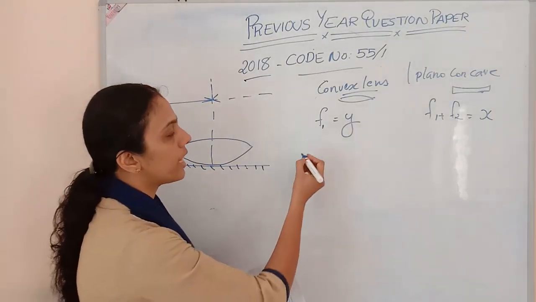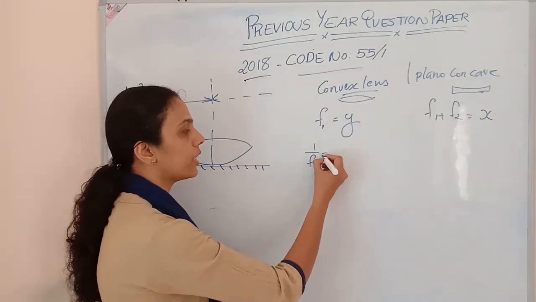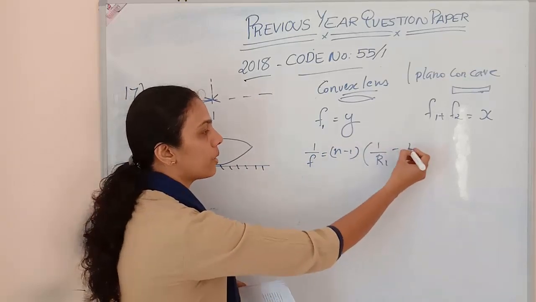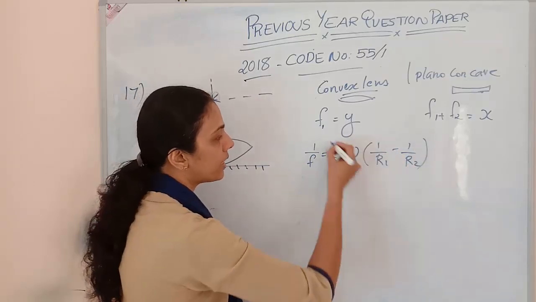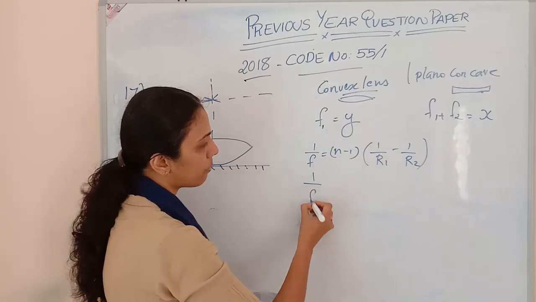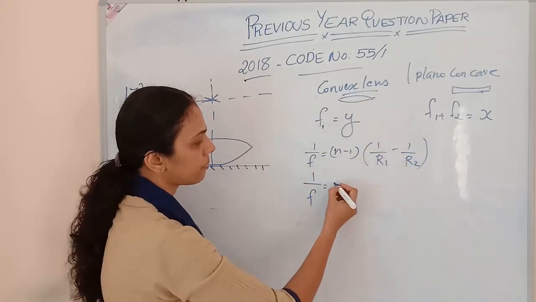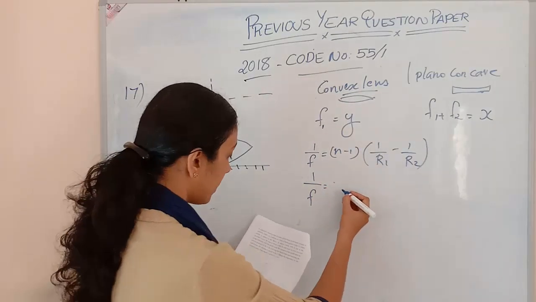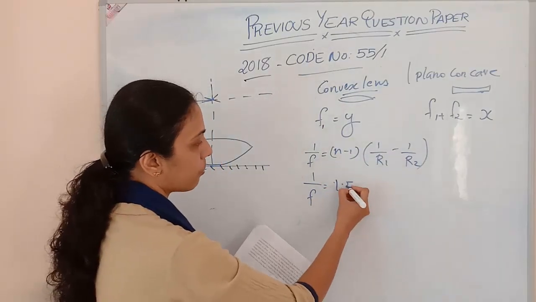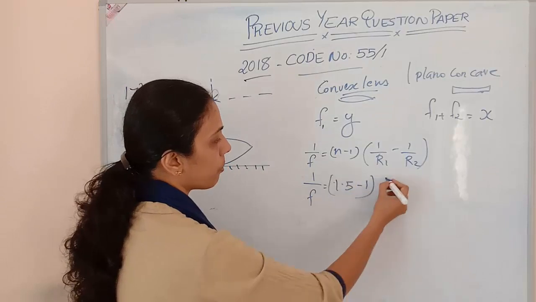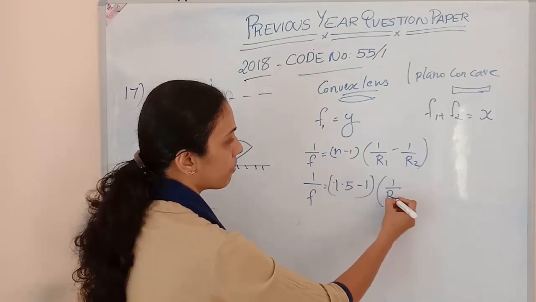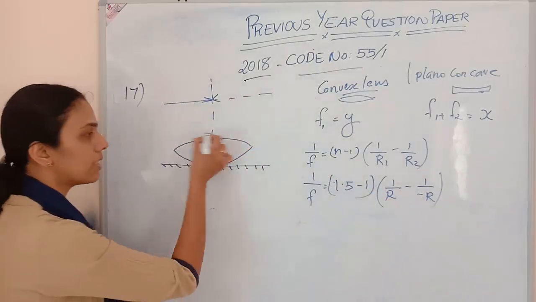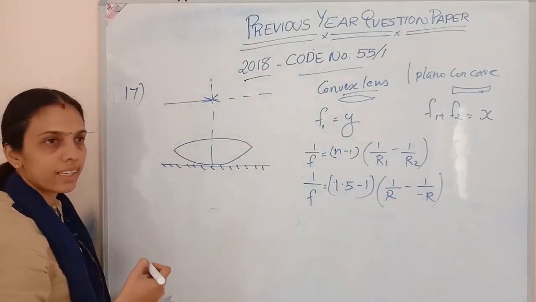So we know the lens maker's formula: 1 by f equals (n minus 1) into (1 by r1 minus 1 by r2). Here n minus 1 is for glass of refractive index 1.5, so 0.5. This side r we consider as minus r.